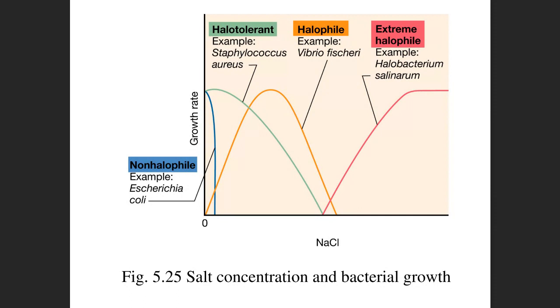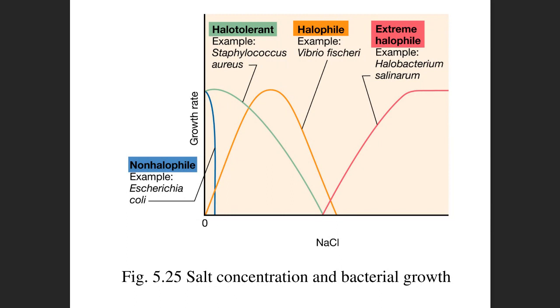And Vibrio fischeri is a seawater microbe, and it can withstand very high concentrations of salt, but Halobacterium salinarum is actually a purple bacteria, an extreme halophile. It loves the salt concentration. It lives in the salt field. Later on, we'll come back to talk about this.